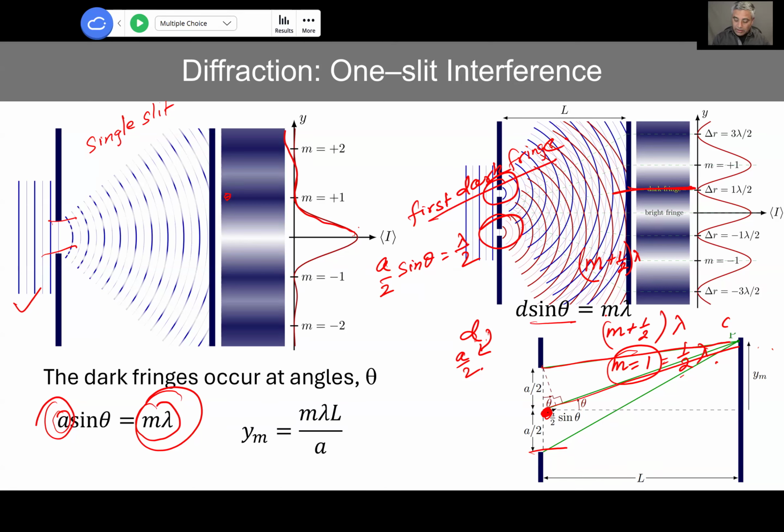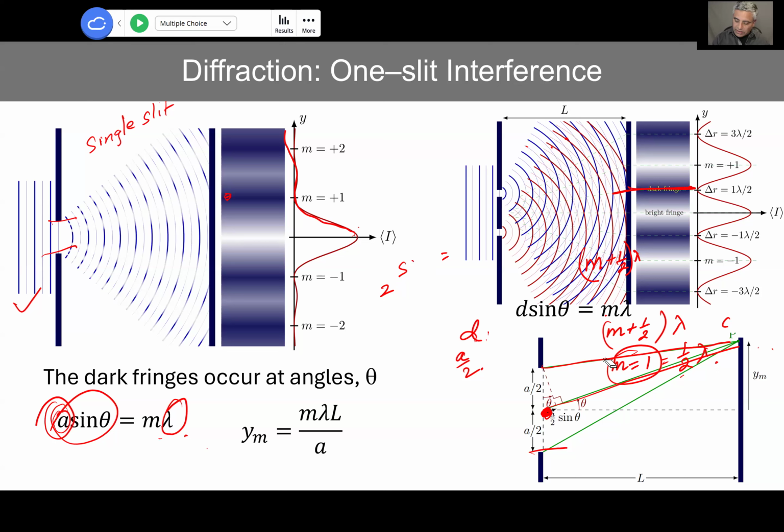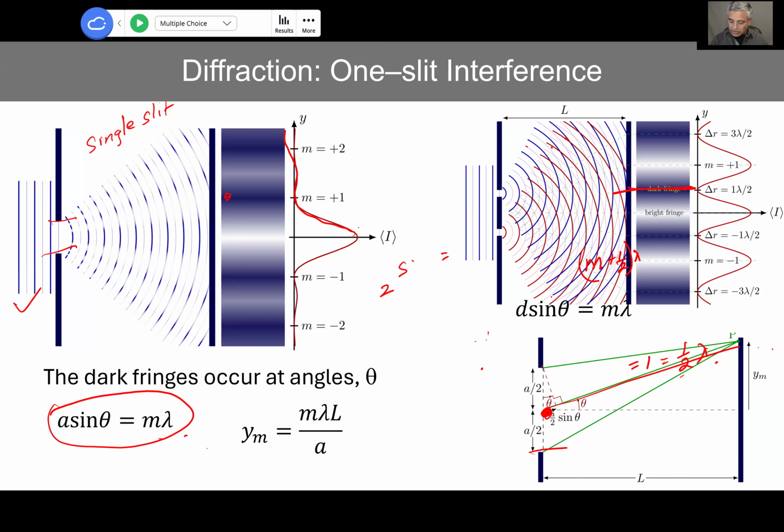Okay. So now this 2 and 2, we can cancel that. And if we do that, then it becomes a sine theta is equal to lambda for m is equal to 1. And we can do the same math and come up with 2 times lambda, 3 times lambda. So although the equation looks similar here, this is for the dark fringe and this is for the bright fringe, okay?